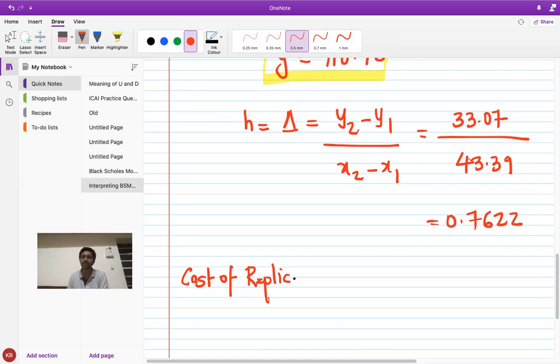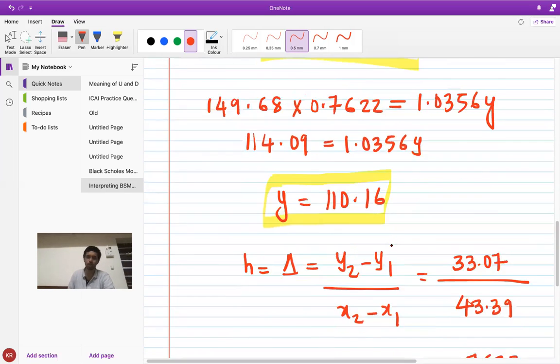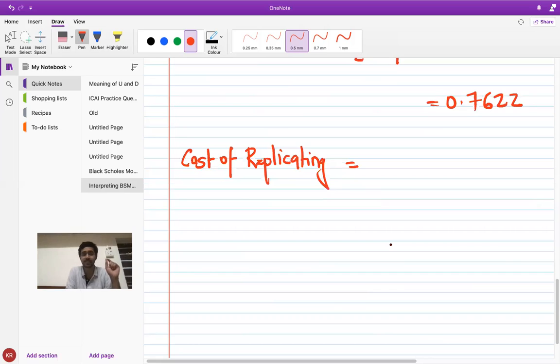Cost basically refers to the cash outflow today, right? Cost is basically the cash outflow today. So what we are going to do is, for the cost, we're going to buy 0.76 shares, or it was 0.7622 shares. We're buying 0.7622 shares at t equal to 0. And you know that each share is worth 170.